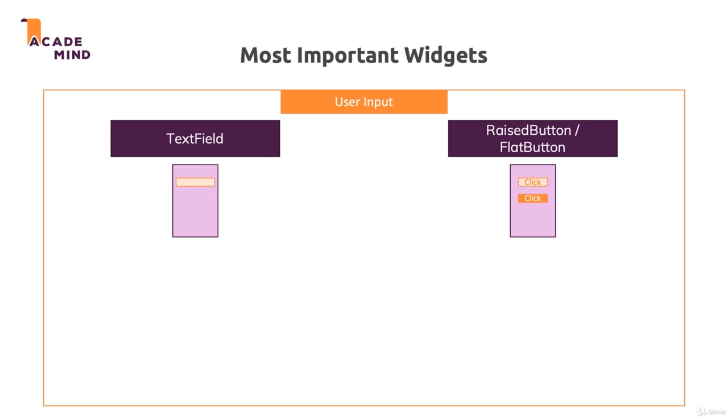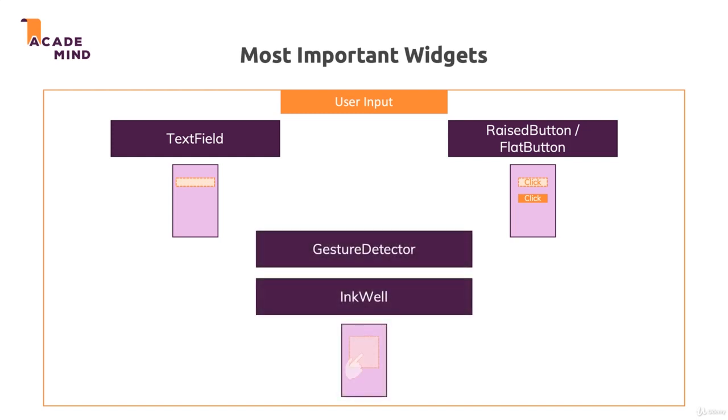And you can also build your own custom user input widgets, your own buttons with invisible widgets like gesture detector or partly invisible widgets like Inkwell, which gives you that ripple effect when you tap somewhere, which basically allow you to wrap anything into a widget that can't be seen or can only be seen upon a tap in the case of Inkwell, but that allows you to register a broad variety of event listeners on a tap, on a double tap, on a long tap, and so on.